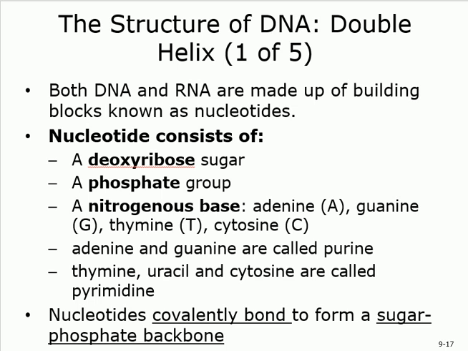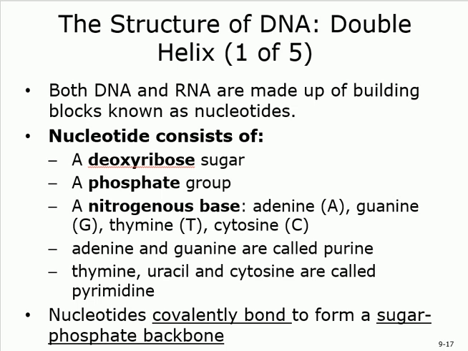In RNA, it's uracil. We don't have to know the details. What do you mean by purines and pyrimidines? It's just a chemical category. Adenine and guanine are called purines. Thymine, uracil, and cytosine are called pyrimidines. Okay, so far?